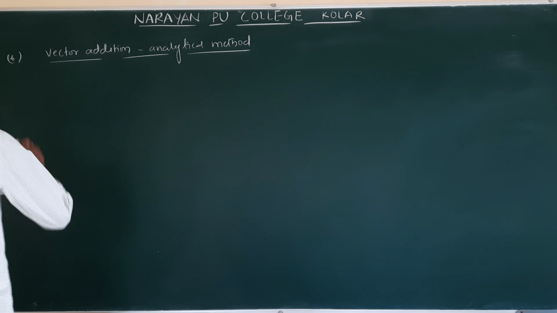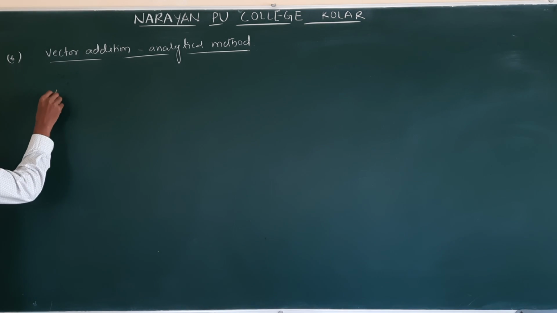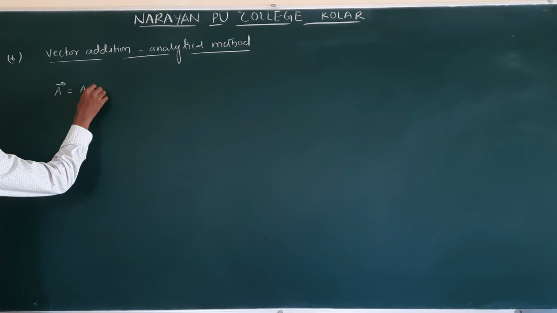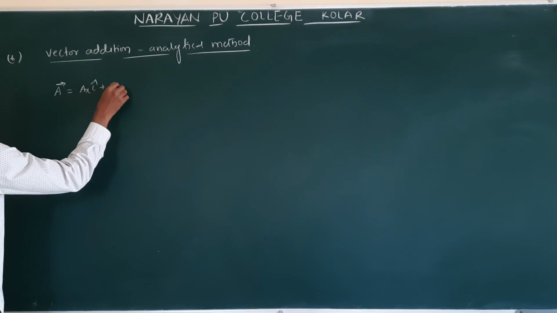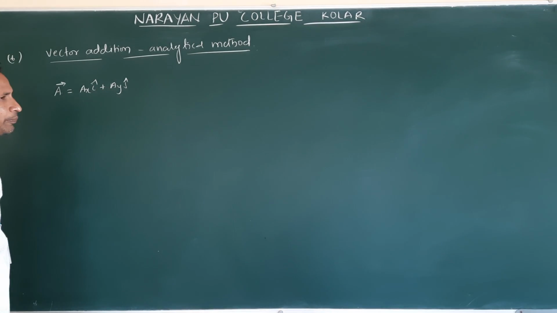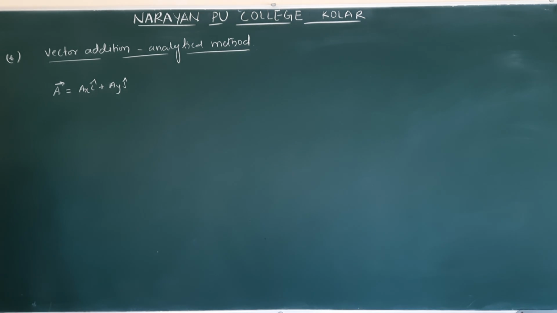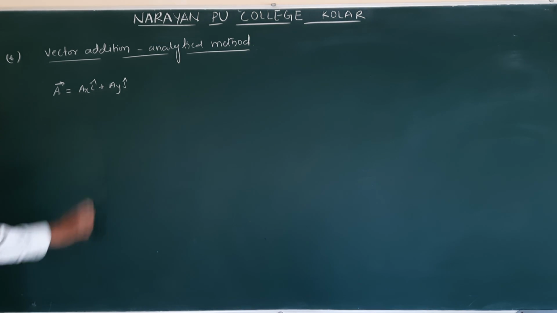Consider 2 vectors. A is a vector. How do we write this? Ax i cap plus Ay j cap. First I am taking 2 dimensional. Ax is the component along x-axis, Ay is the component along y-axis.